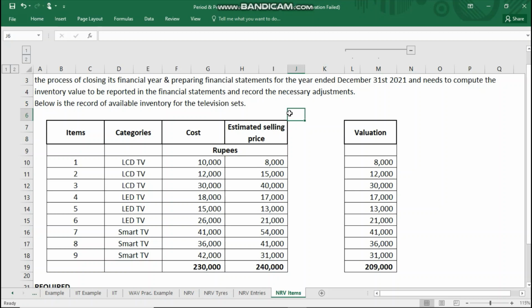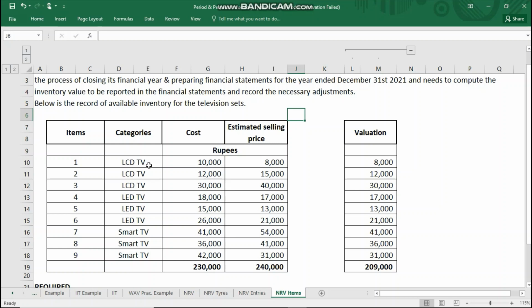Now we have seen the accounting entries, and we have already seen the NRV testing at item level, but anyone who is working on this data can think why we cannot make a category of each inventory item and then do the NRV testing of this inventory at a category level.